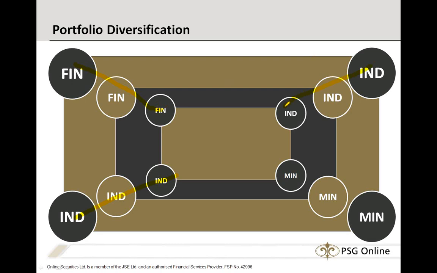But obviously within these different industries, you'll be looking at specific sectors. So when I talk about financials, that includes the banking sector, the insurance sector, the listed property sector. Industrials, that's wide, from telecommunications to diverse industrials, etc. When I say mining, and this is also a contentious thing, I personally don't like to have any mining.